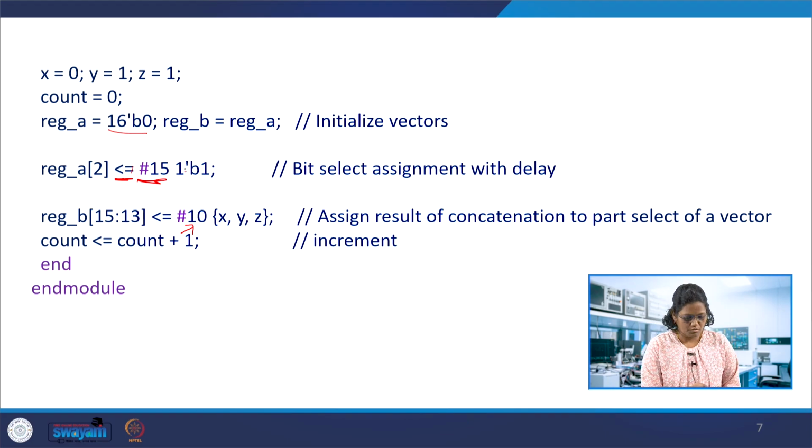So hash 15 is evaluated, but it is not assigned until 15. Similarly XYZ is evaluated, but it is not assigned until hash 10, I mean 10 time units, and count equal to count plus 1 is also evaluated, and then the assignment is kept here.